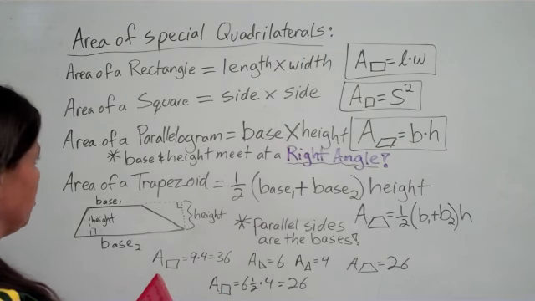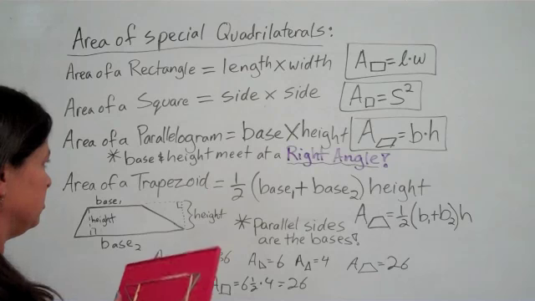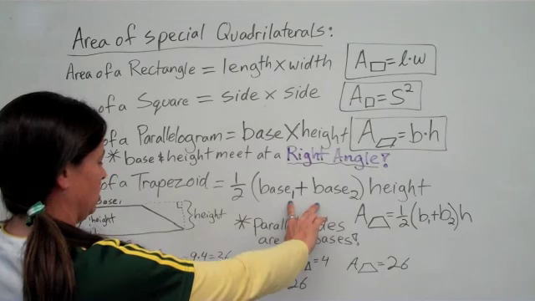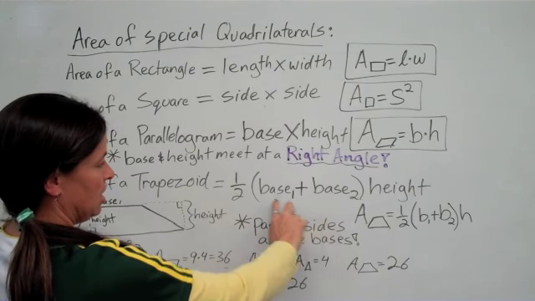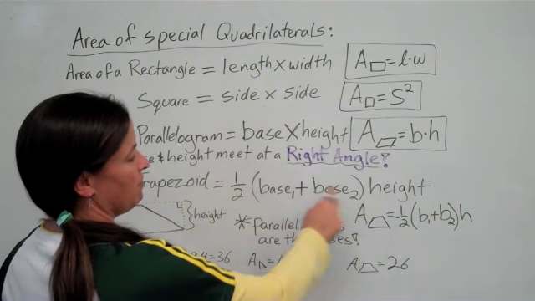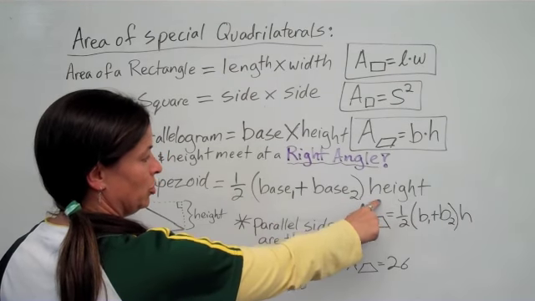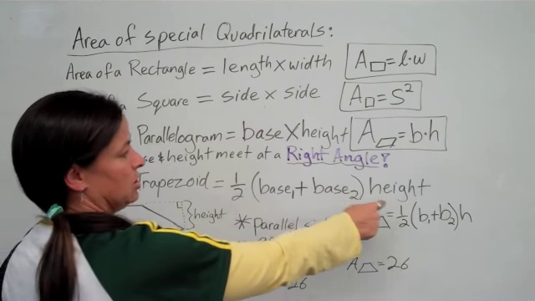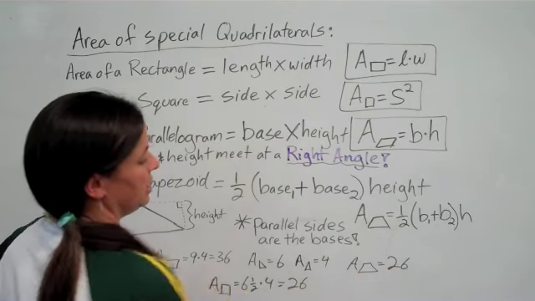You can also plug it into the equation to prove that it's true. If I plug it in, 9 plus 4 is 13. The height was 4, so I do half of 4, which is 2, times what 9 plus 4 is, which is 13. So 2 times 13, again, equals 26.